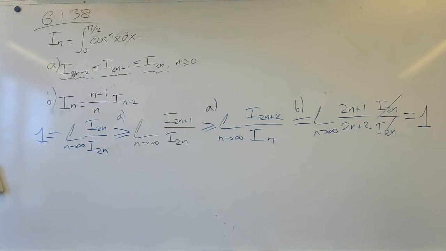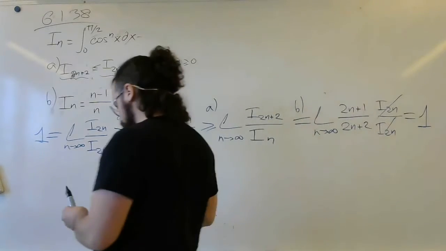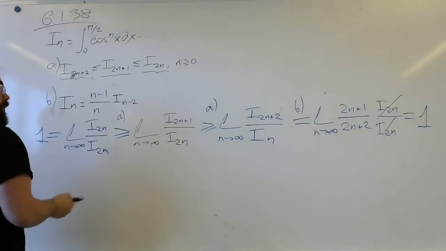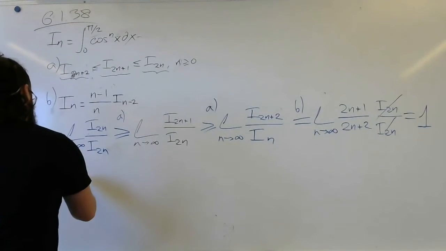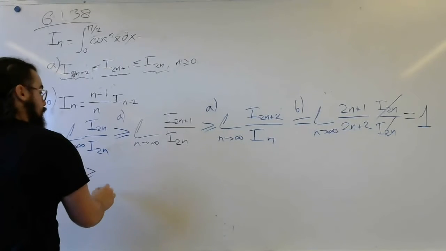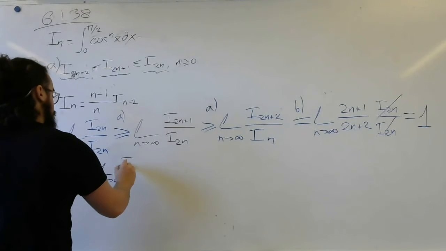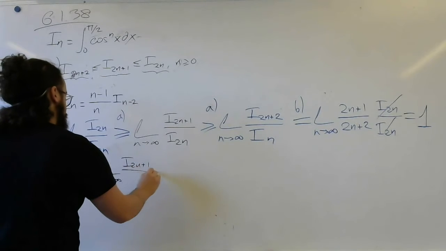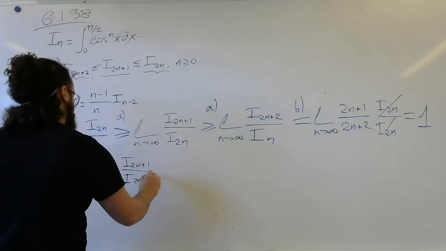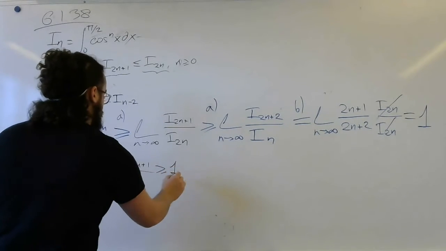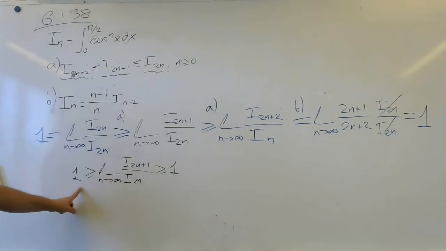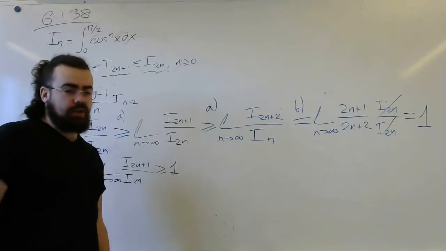So from here, we have 1 greater or equal than the limit, as n tends to infinity, of I sub n plus 1 over I sub n, smaller or equal than 1 and greater or equal than 1.